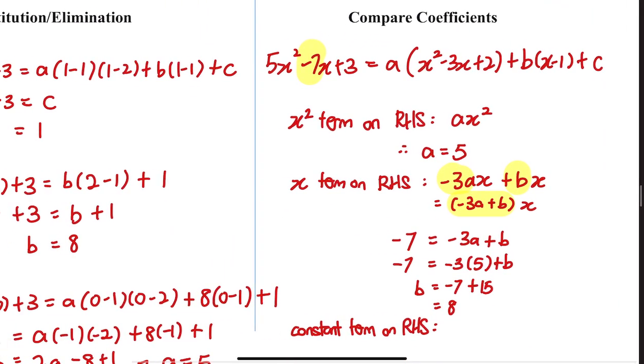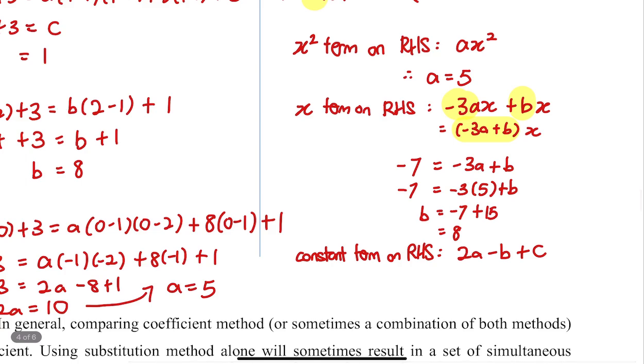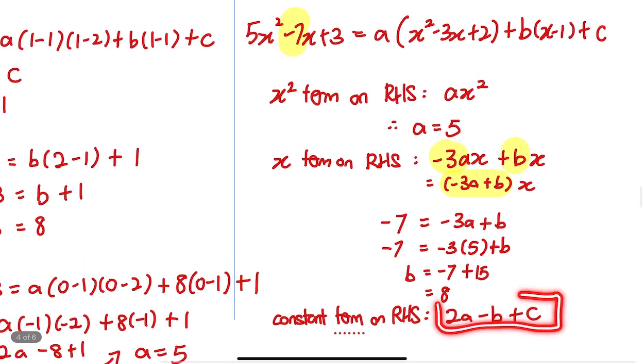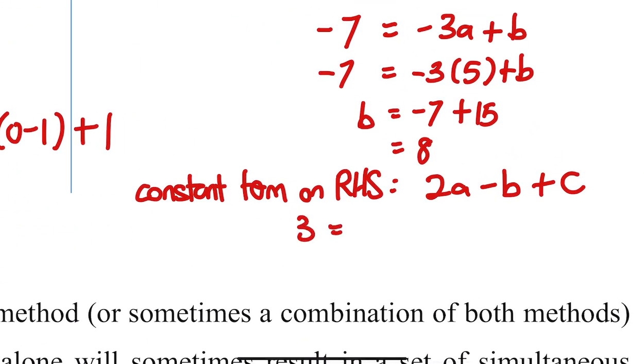So on the right side it will be 2 times a, which gives 2a, then b times negative 1 will be minus b, plus c. And I know that this constant on the right side must be equal to the constant on the left side, which is 3. So this tells me 3 is equal to 2a minus b plus c.